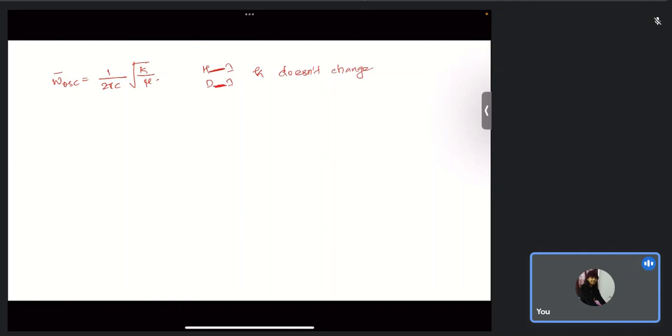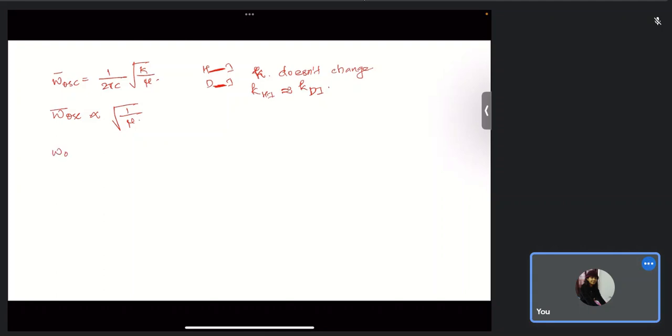So k of HI is approximately equal to k of DI, which tells us omega OSC is directly proportional to 1 by root mu.